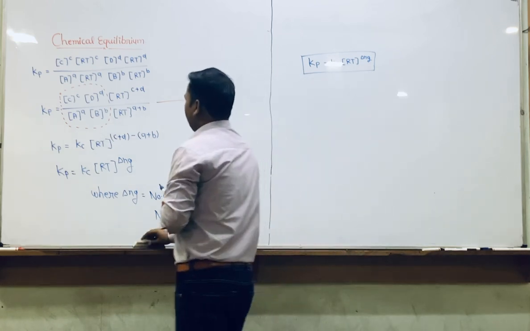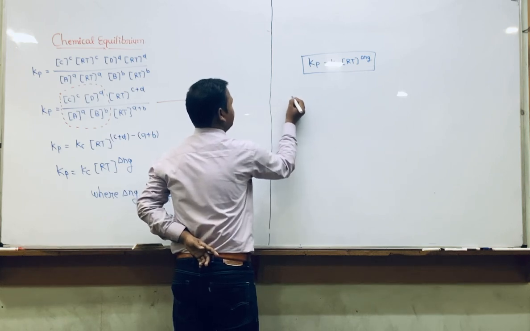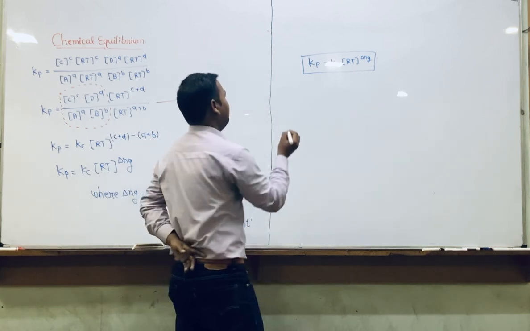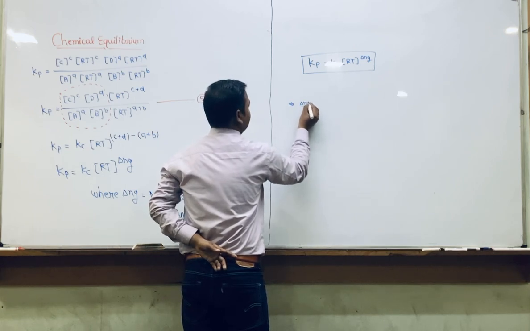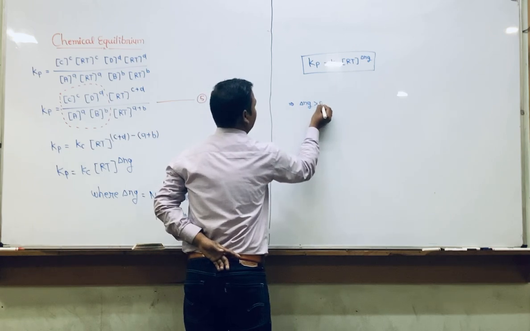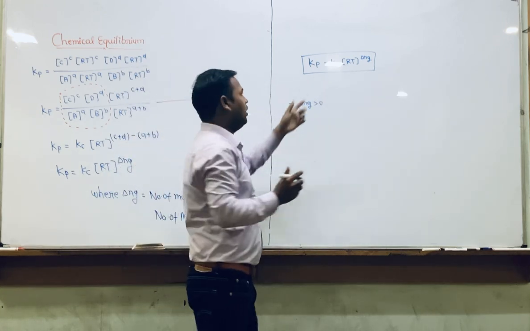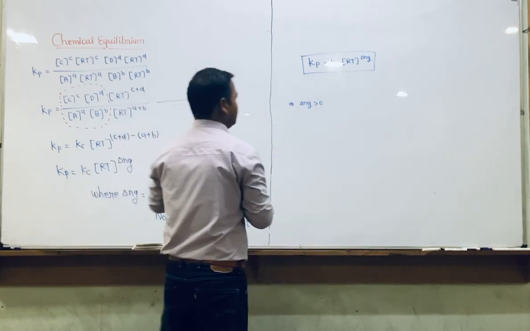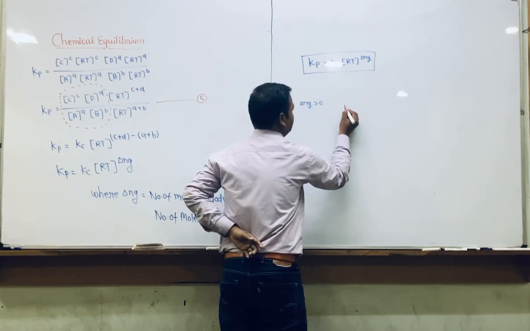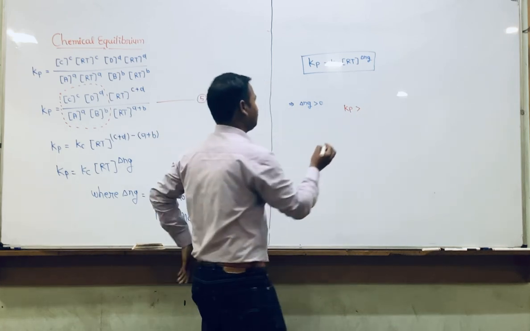Now something about delta Ng. We have three situations in which we can define delta Ng. If delta Ng is greater than 0, then from this equation we can write Kp is greater than Kc.